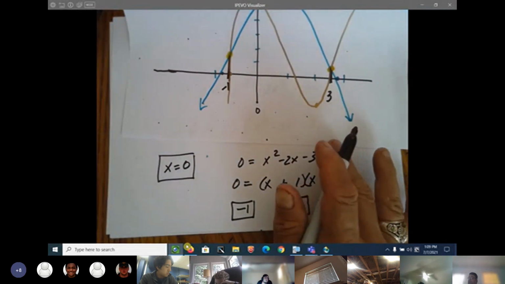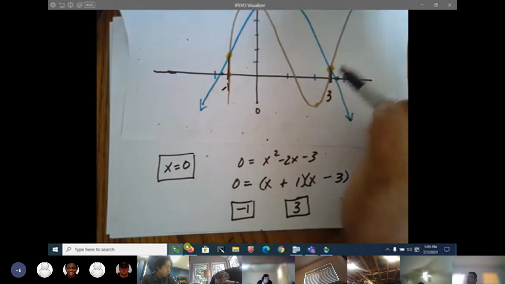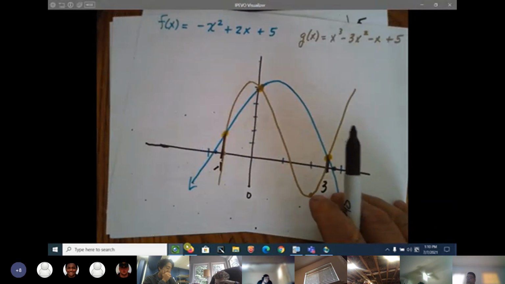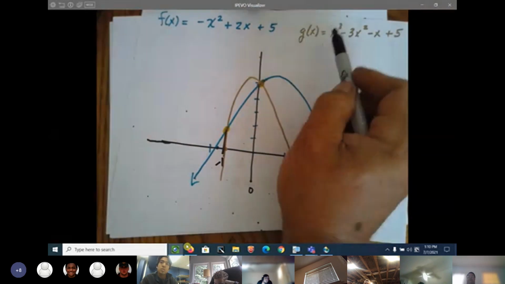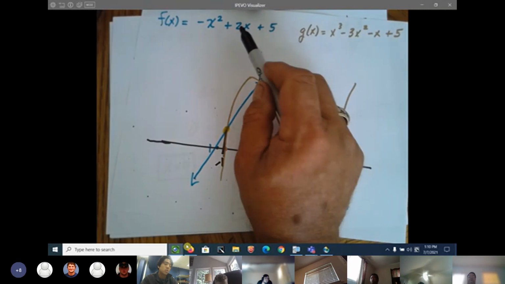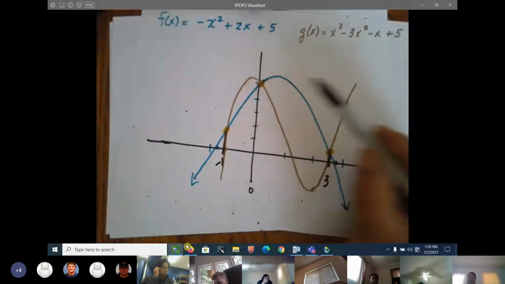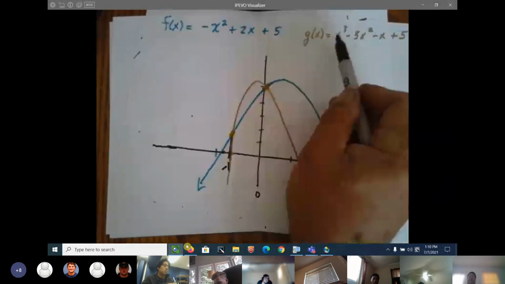So you're going to find the area from negative 1 to 0 and from 0 to 3. Negative 1 to 0, and that's going to be this term minus this term, plus from 0 to 3 of this term minus this term.